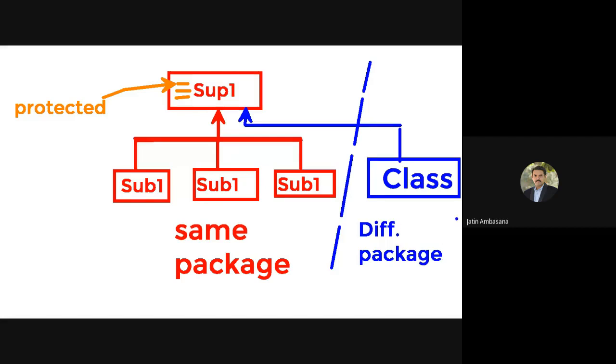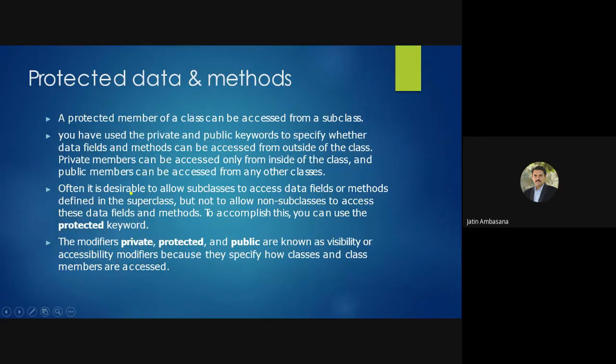Even this class can now access the properties that it derives from the superclass. Got the point? Basically, if you do not want to allow non-subclasses to access data fields and methods, then you make them protected.